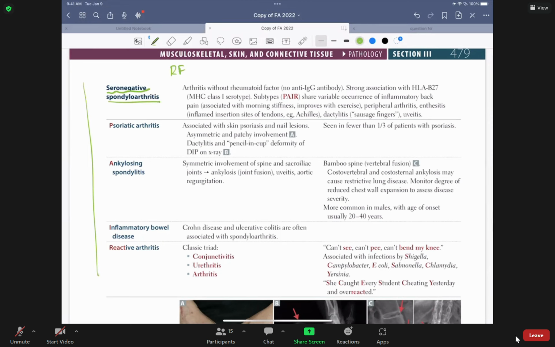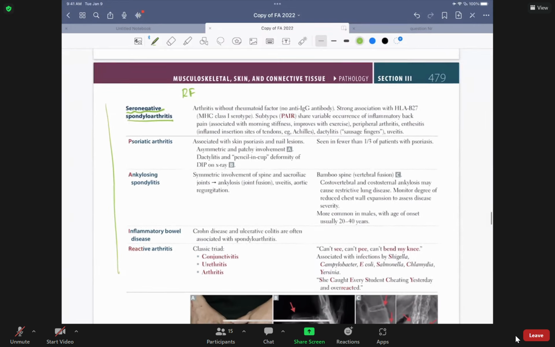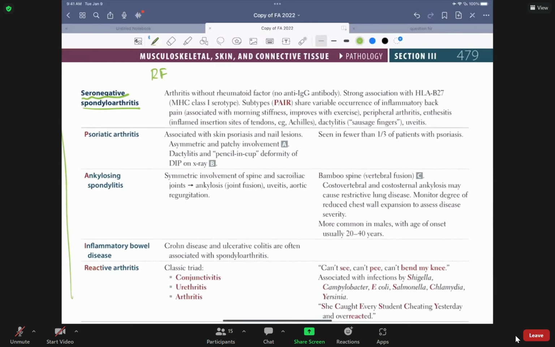Which type of antibody? IgM? IgG, right? So that is the rheumatoid factor. But in this disease, there is no rheumatoid factor. That's why it says arthritis without rheumatoid factor. Is everybody clear, folks? Because it's negative for rheumatoid factor, we call it seronegative, because in the serum, it is negative for rheumatoid factor. Is everybody clear, folks?